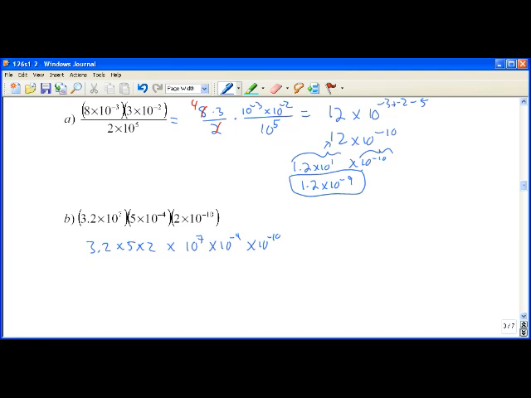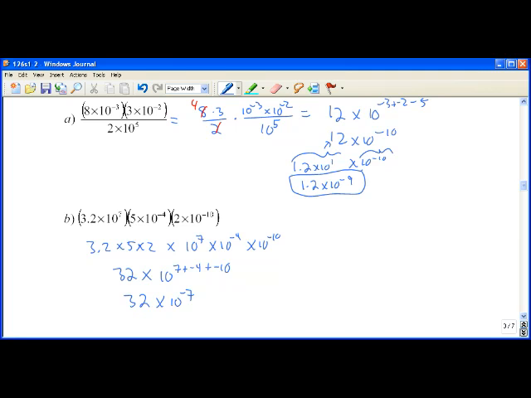So 3.2 times 5 times 2, that's 32. We have 10 to the, now we have 7 plus negative 4 plus negative 10, because we add those powers since they're the same base. So that's going to be negative 7.